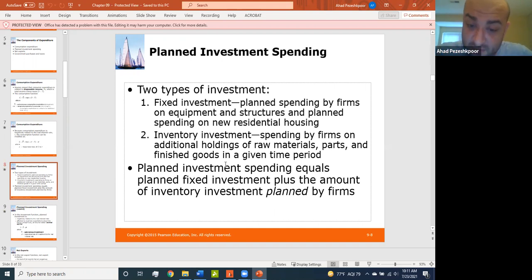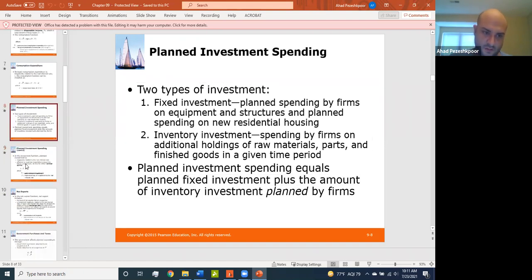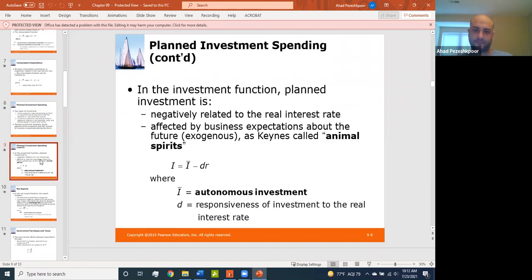So planned investment spending equals whatever you are planning to spend on fixed investment plus the amount of inventory investment planned. Just like consumption, your investment also depends on real interest rate.